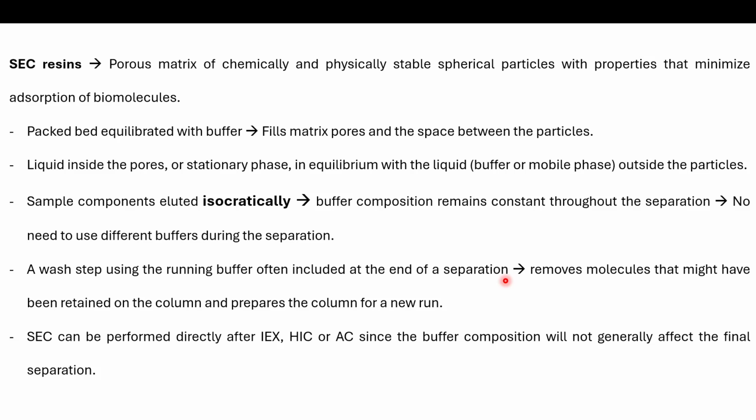Now, this wash step is included because some smaller particles might just remain inside the pores and might not have come out properly. So this last wash step using the same buffer is used at the end of a separation, so that everything comes out.